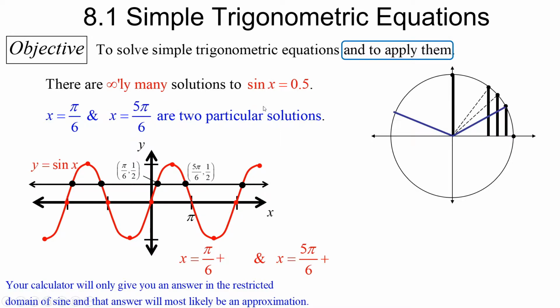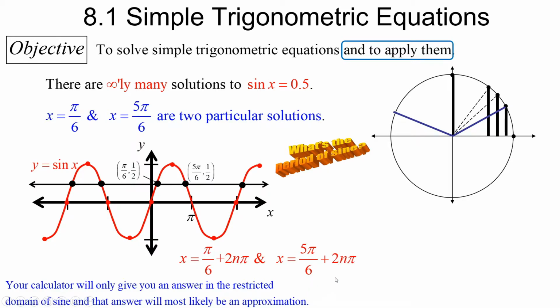Well, you think about the period of sine, and we all know that sine has a period of 2 pi. So then all I need to do is add multiples of 2 pi to each of these solutions, one in quadrant 1 and one in quadrant 2, and we write this like this: x can equal pi over 6 plus 2n pi, and x can equal 5 pi over 6 plus 2n pi.